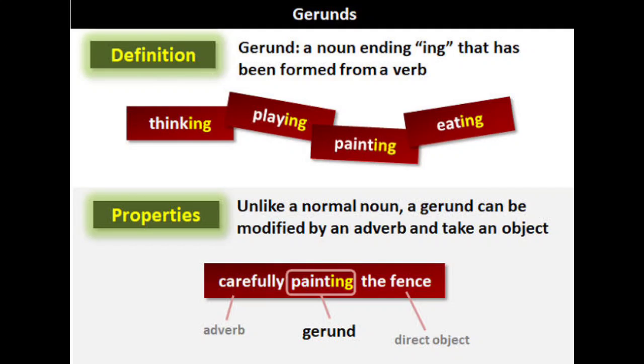Carefully painting the fence. Carefully is the adverb, painting is the gerund, the fence is the object here. So a gerund means adding ing to a noun that has been formed from the verb.